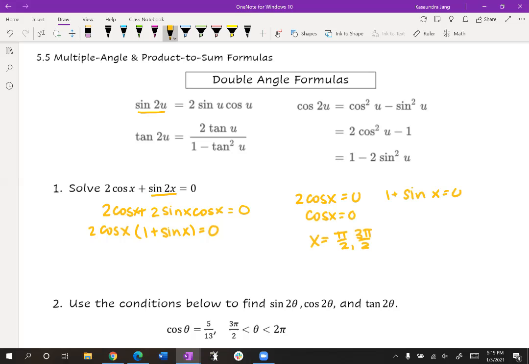And then my next equation here, if I subtract the 1 over, sine is a -1. Again, I'm talking about one rotation. Sine would be a -1 at 3 pi halves.